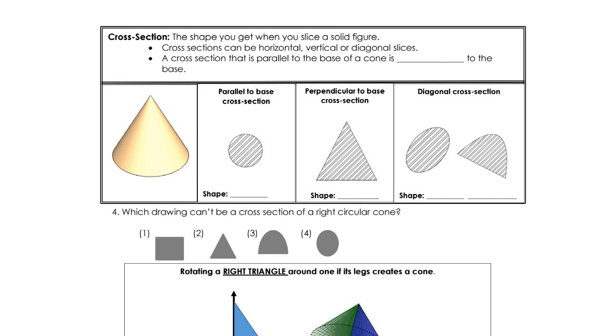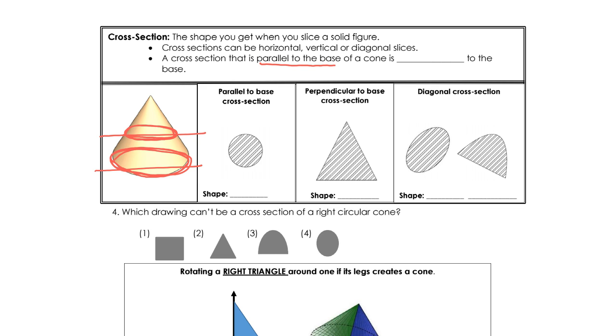Okay. And if you do slice it parallel to the base of a cone, so for instance, if I take the cone and I go parallel with my slice to the base, I'm going to get a circle. But that circle is actually not going to be the same size as the base. You can see that it's going to be smaller because you're going up the cone where it narrows to the point.